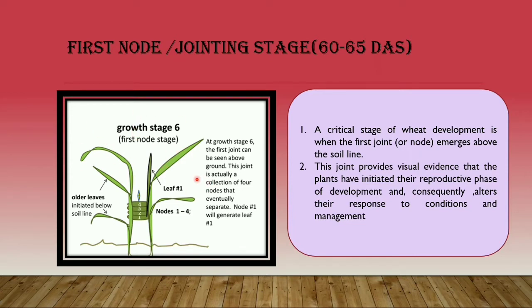The critical stage of wheat development is when the first joint or node emerges above the soil, and this joint provides visual evidence that the plants have initiated their reproductive phase of development and consequently alters their response to conditions and management. You should observe the days when the growth is happening in the wheat crop.